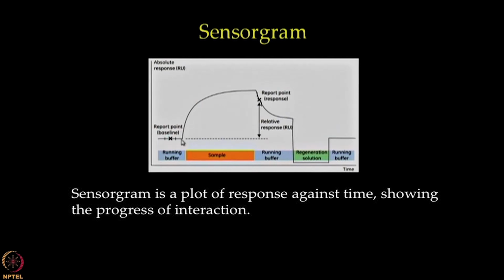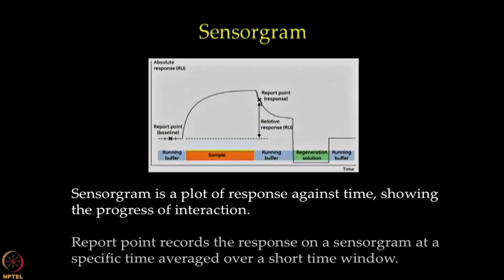We observe the baseline followed by the injection of analyte, which leads to an increase in the binding response during the association phase. Just after the stop of the sample injection, we observe a report point, which records the response on a sensorgram at a specific time averaged over a short time window. This is followed by the dissociation phase, regeneration, and then back to baseline.